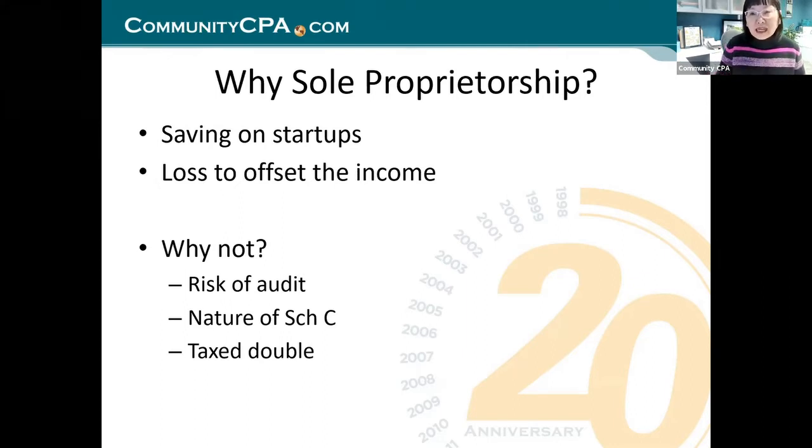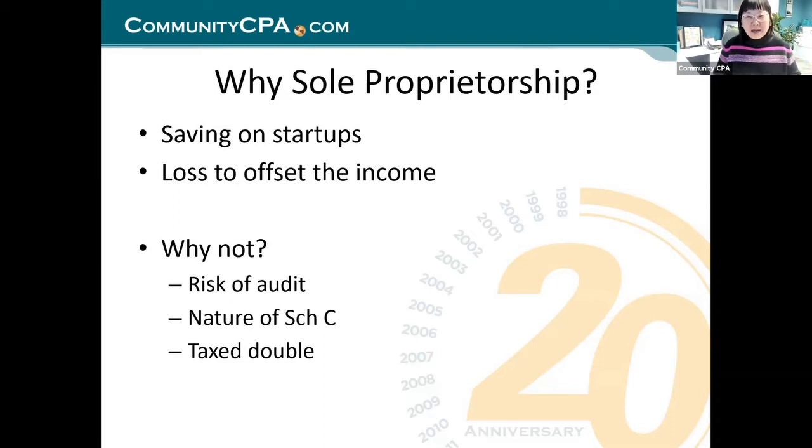The nature of Schedule C is also very similar to a hobby, so the IRS takes an active role in saying, no, that is not your business, that is your hobby. When it has become a hobby, you cannot deduct the expenses. Say you collect stamps. Many years ago, stamp collection was a big deal, right? Now, who uses stamps? It's all electronic signatures and email, text, Instagram and Twitter.